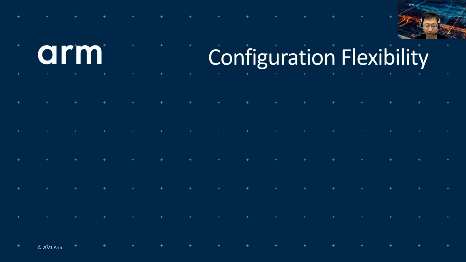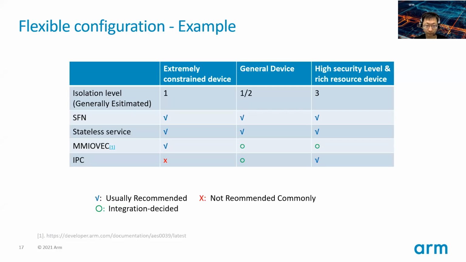TF-M provides configuration flexibility for different requirements. Developers can choose which features to use depending on system requirements. For example, some devices may have very limited performance and memory resources.